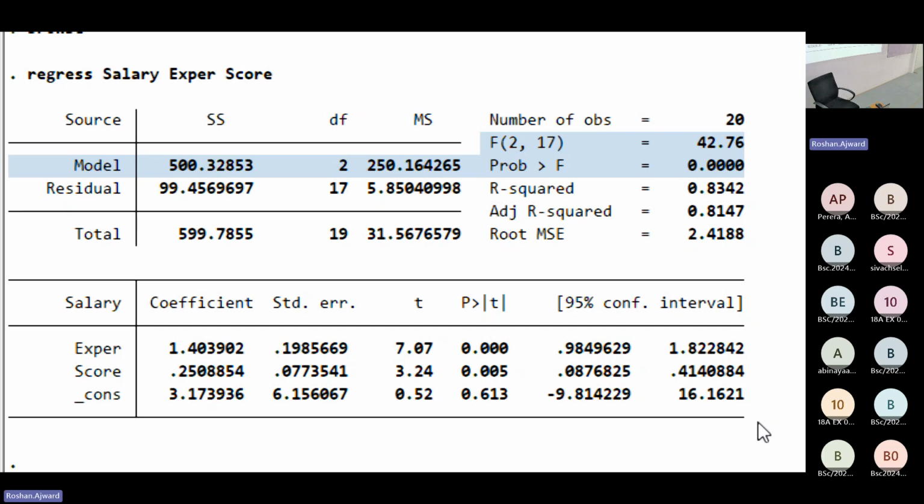Here in this example, both the experience and the score variables are significant, and positive.